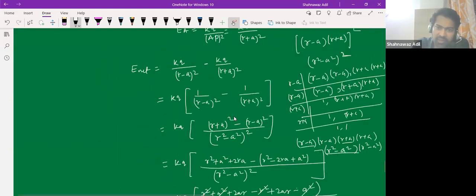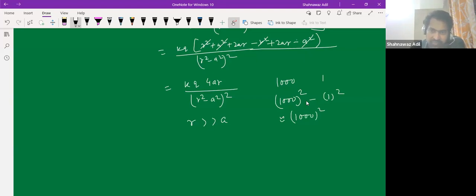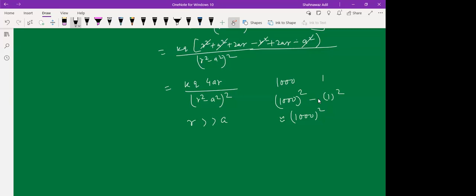So in here we have this R, which is very much greater than A, right? So let's say if we have 1000 and we have 1. If I square 1000 and subtract 1 square, that would be 1000 square only. Is that clear, guys?